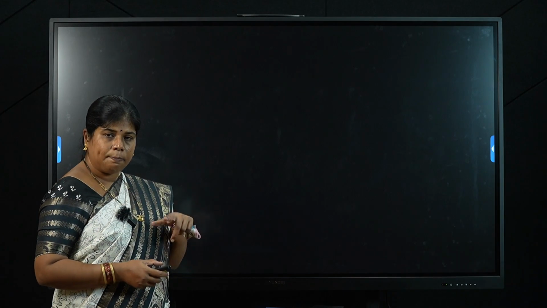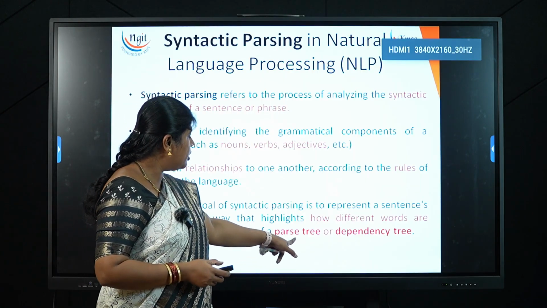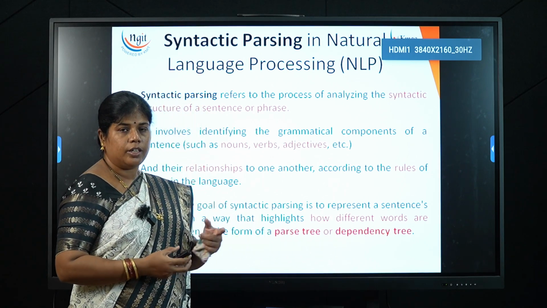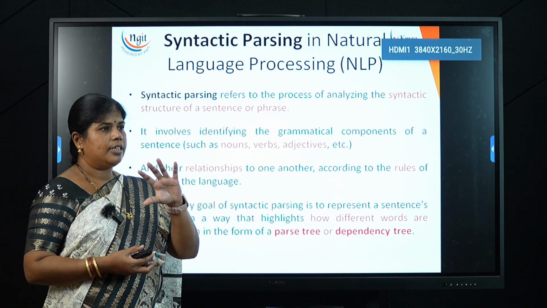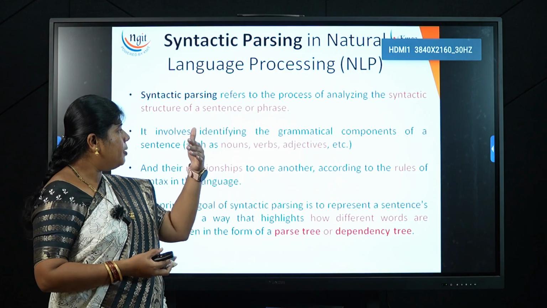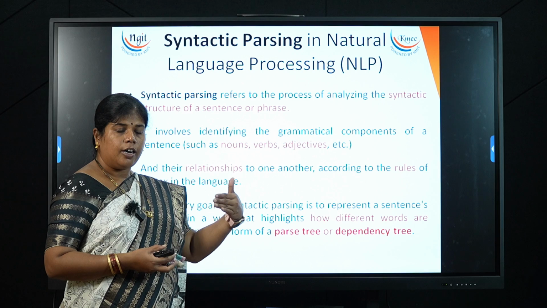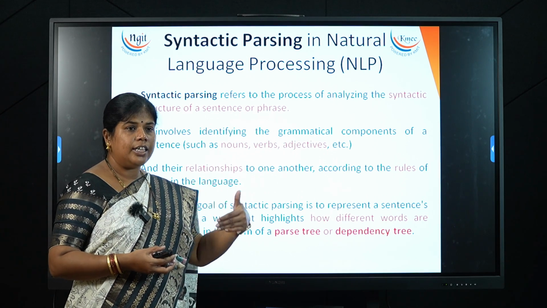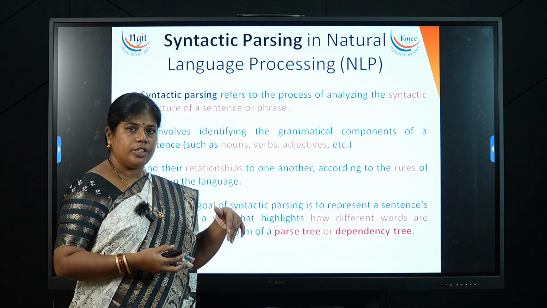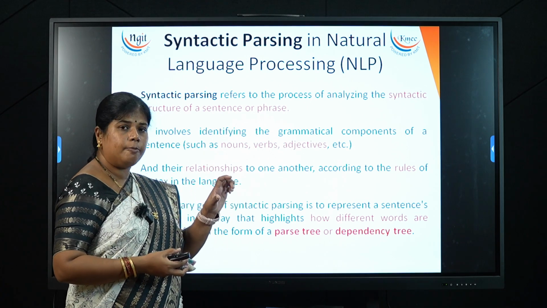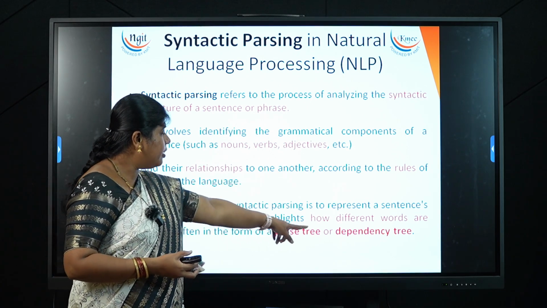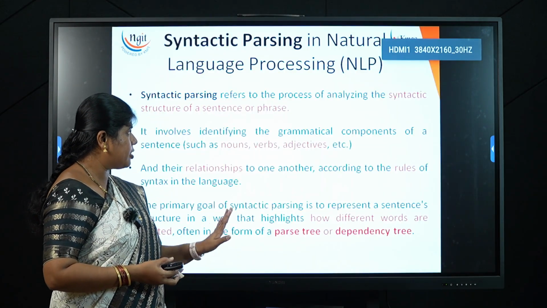Based on that dependency, I will construct a parse tree or dependency tree. For example, in the sentence How are you, what follows how? Are. What follows are? You. After are, there will not be I, because generally I don't use the term are for I. So that dependency will be represented using a tree structure.